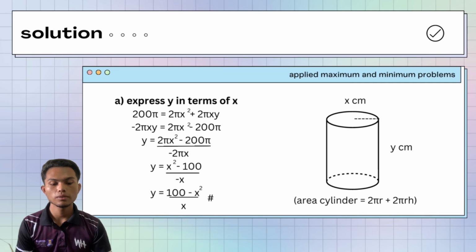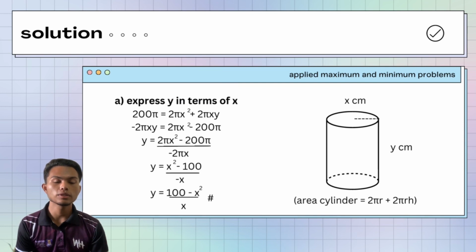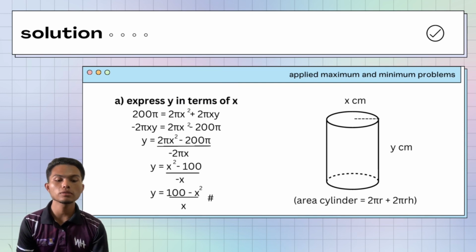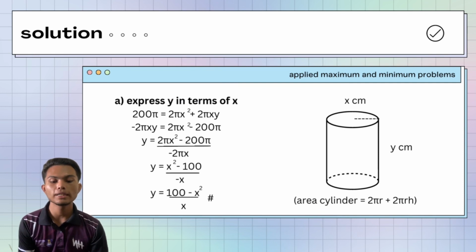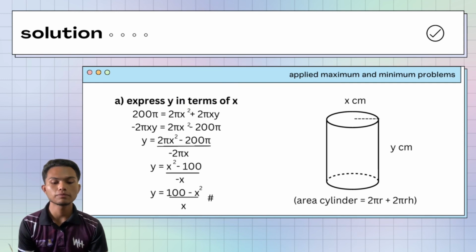For question A, we know that the surface area of a cylinder is 2 pi r squared plus 2 pi r h, and this equals 200 pi. We also know that the radius is equal to x and the height is equal to y. From that, we get 200 pi equals 2 pi x squared plus 2 pi x y.